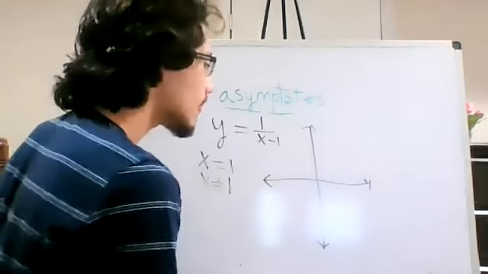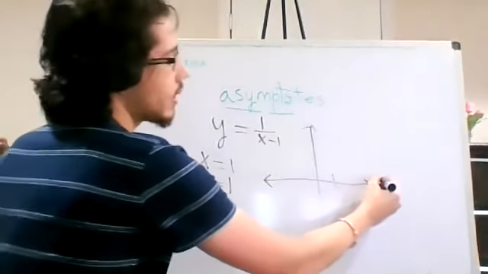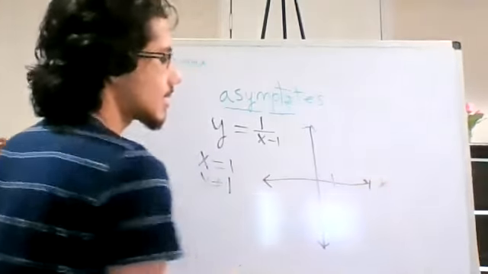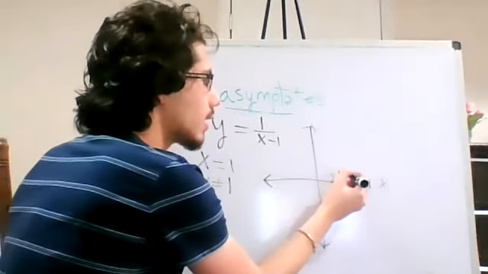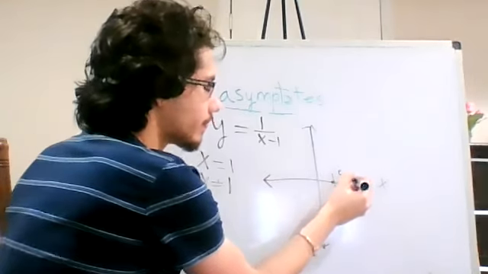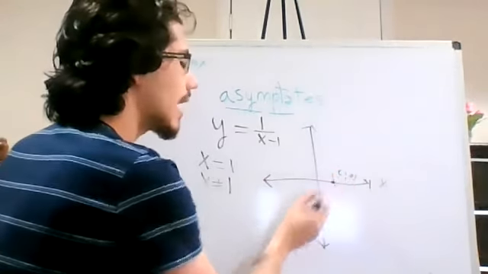So let's say here's 1, and this is the x-axis. So we know right here is the point 1, 0. So we know that this is a part where that asymptote is.